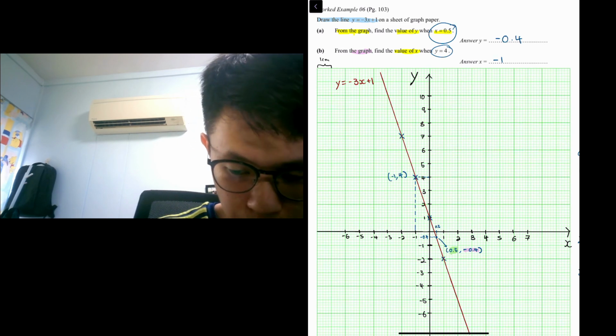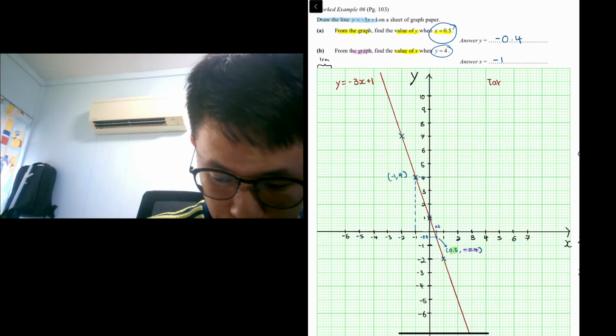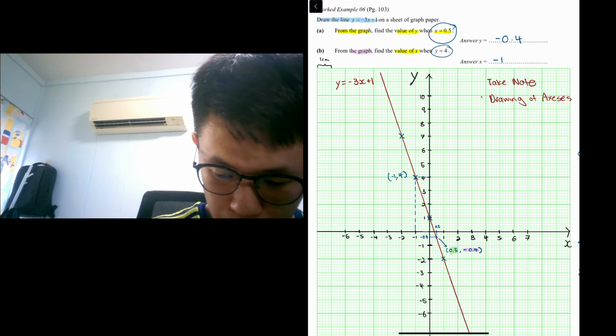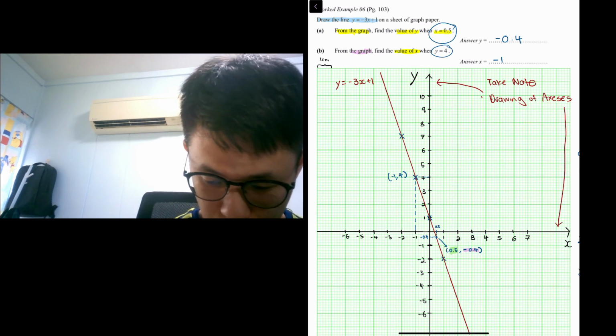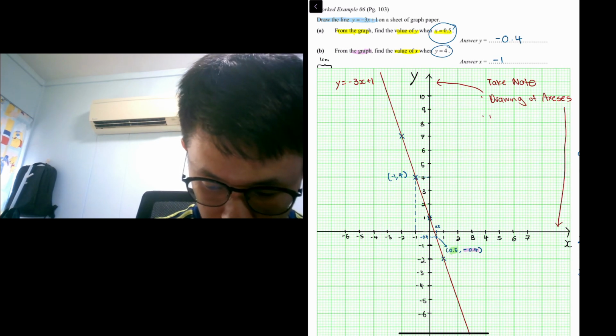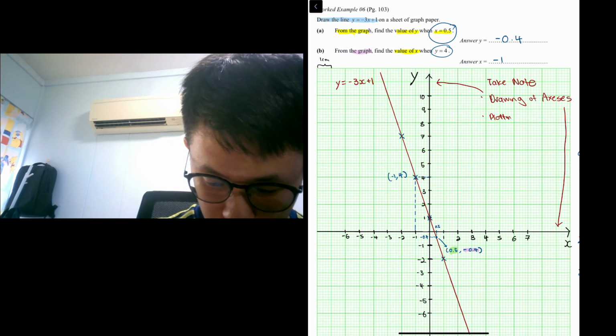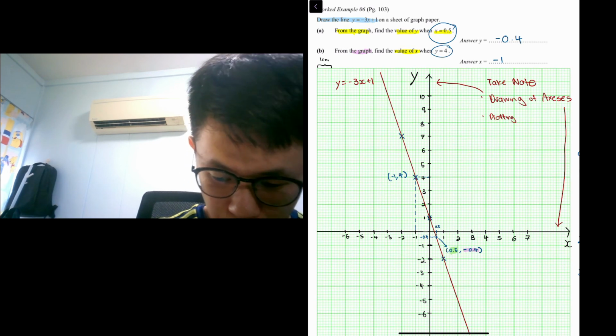Things to take note. Number 1, drawing of axes, which is this is just the y and this is just the x. Choosing and plotting of points.